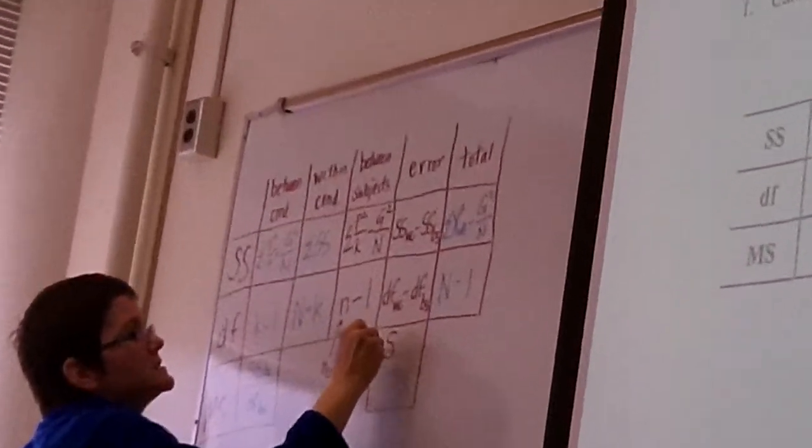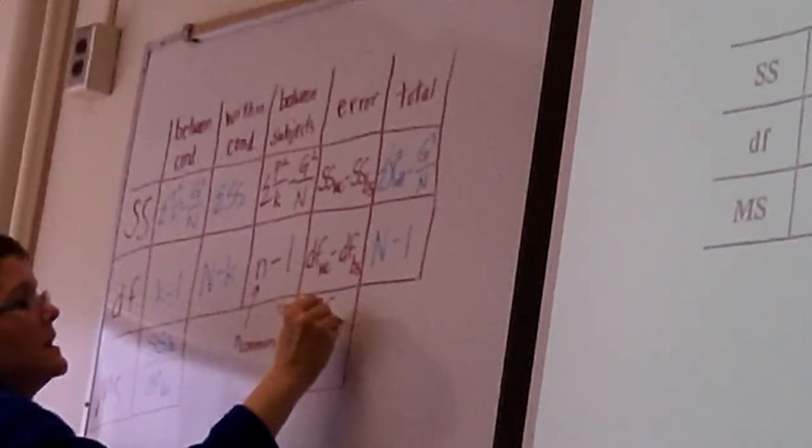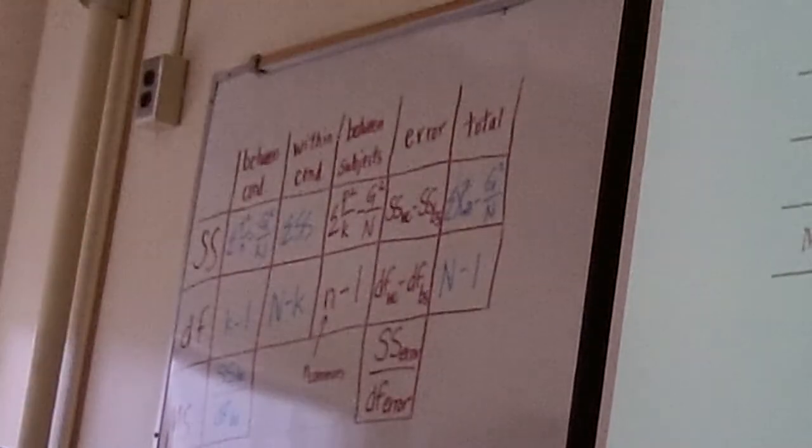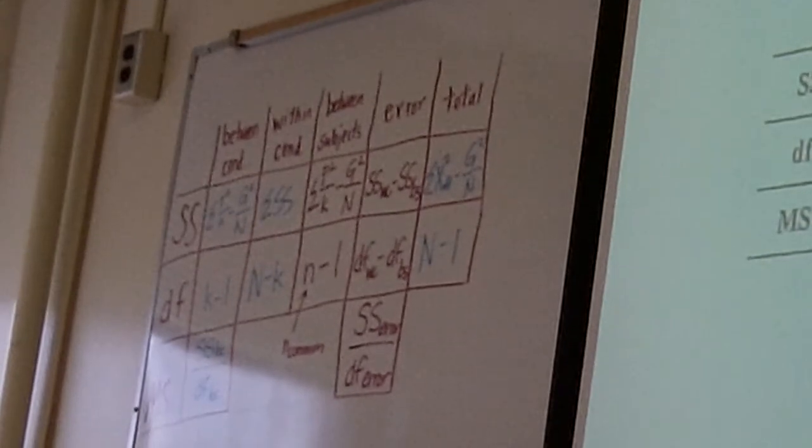And this is sum of squares error over degrees of freedom error. And as you can see, this is some tough math. 8.01 divided by 8. What do we get? 1. Yes, it is 1.